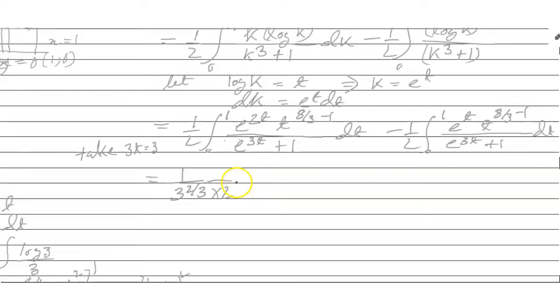So 0 to infinity, limit is also changing, and the sign also changes for the minus and plus portion.